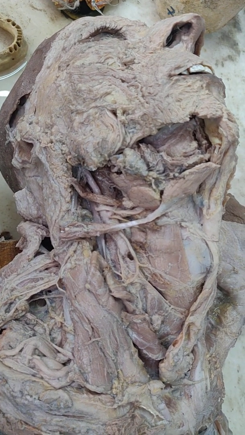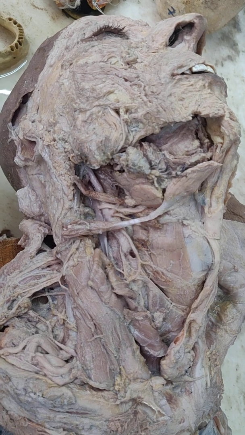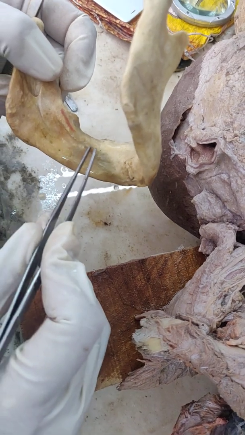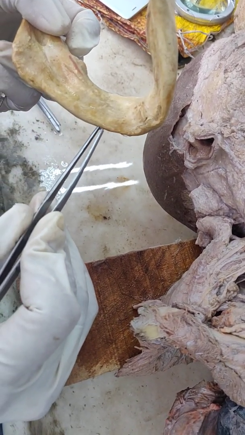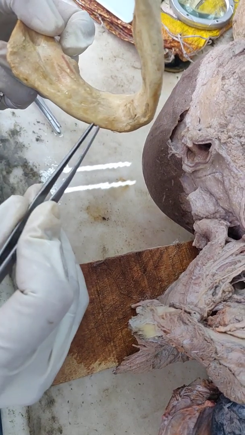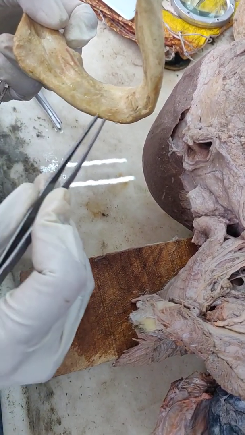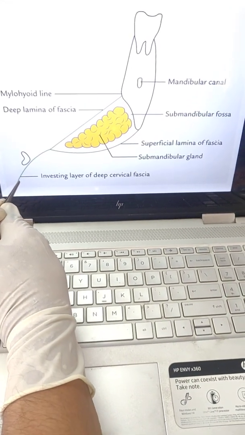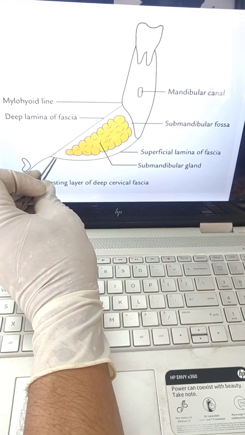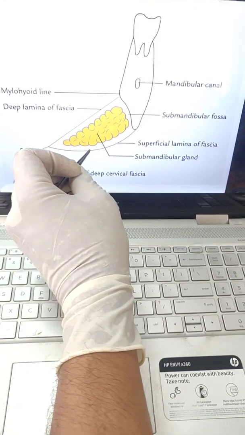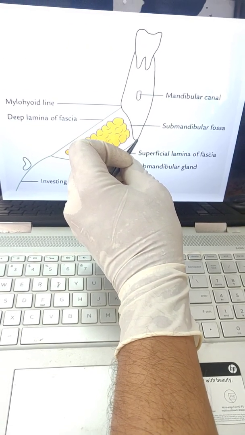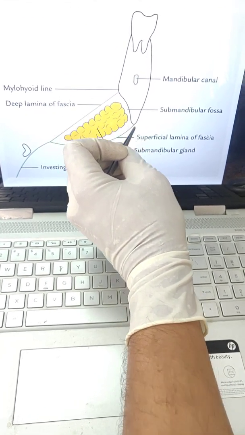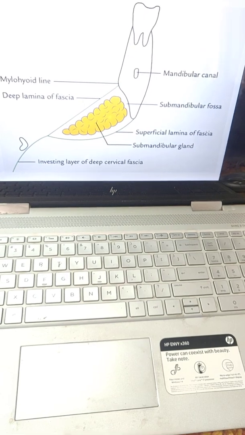The deep layer is attached to the mylohyoid line, and the superficial layer is attached to the inferior border of the mandible, the base of the mandible. So the investing layer of deep cervical fascia splits, the superficial lamina attaches to the base of the mandible, and the deep lamina attaches to the inner side of the mylohyoid line. So it encloses the submandibular gland.